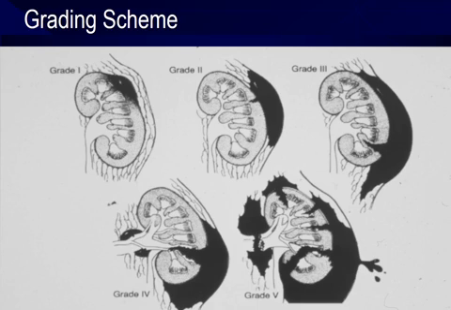In this scheme, you will see examples drawn for the different grades, starting from the upper left side, grade 1, small hematoma, grade 2, small laceration through the renal parenchyma, less than 1 centimeter, grade 3, large laceration, more than 1 centimeter but not reaching the corticomedullary junction or the collecting system.